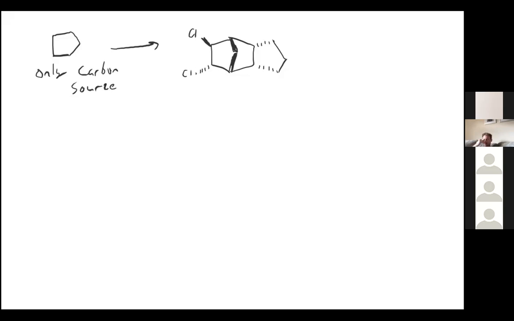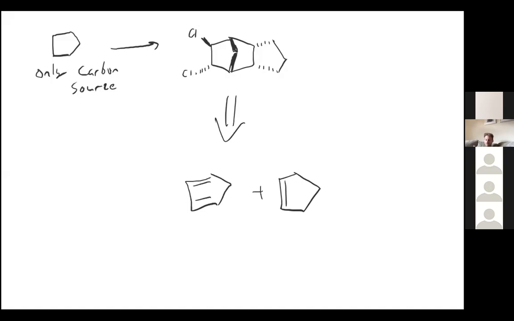In order to do a Diels-Alder that mimics this, we're going to need something that looks like these two halves. And then afterwards, we'll do some sort of chlorination.